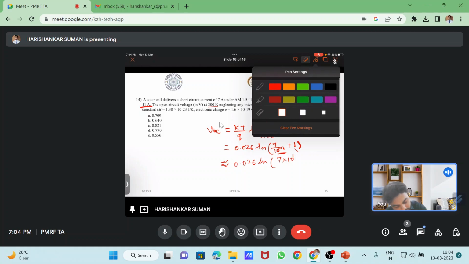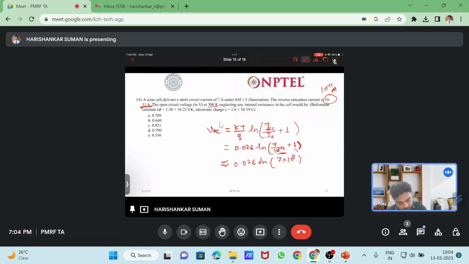We can calculate like that. After solving the log, plus 1, we get 0.26 and this one, 274, 0.7091. Yes.